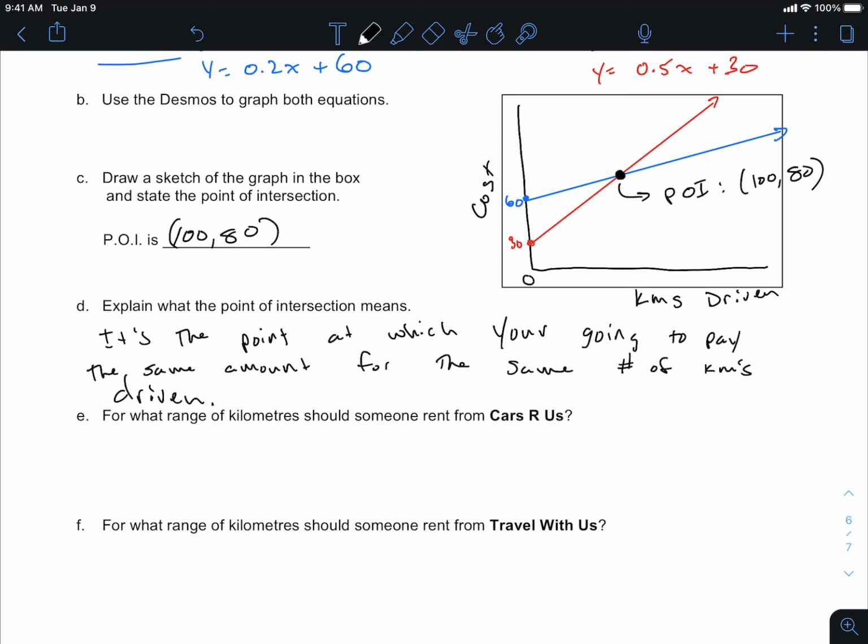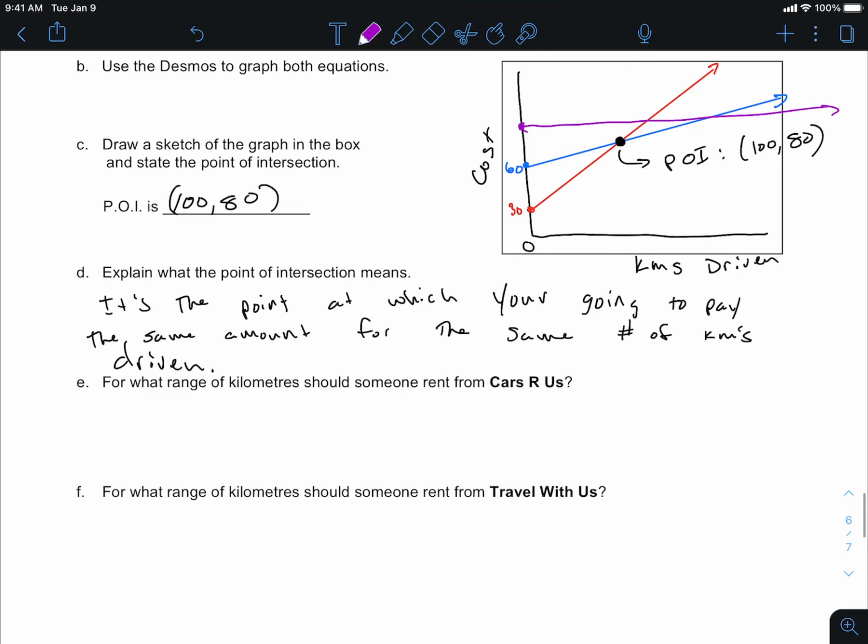I might even decide to put a third car company on here that just charges you a flat rate. I think we did this with the detention buyout, where it doesn't matter how many kilometers you drive, it's unlimited. You're getting charged a flat rate. You can apply this to all sorts of different situations. The job for you is to figure out what company or person or quote you are going to go with based on the information that they give you. That's what this is going to do for you.